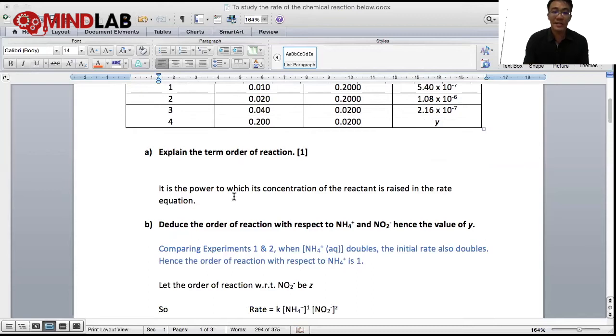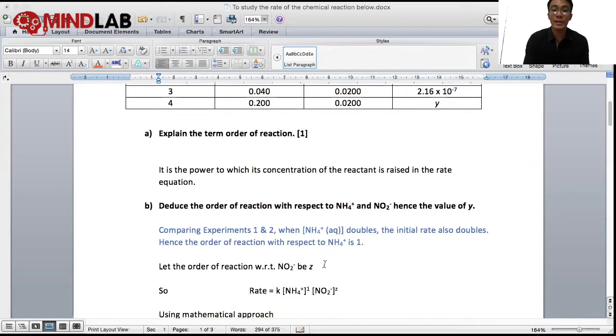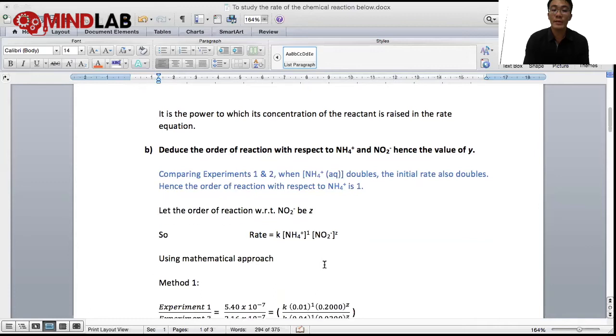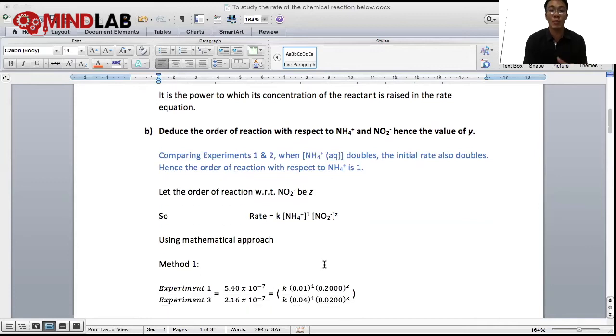Rate equals k times the concentration of ammonium to the power of 1, because we already know that order of reaction, and NO2 minus to the power of z, where z is the order of reaction with respect to NO2 minus. To do this, we can compare experiments 1 and 3.